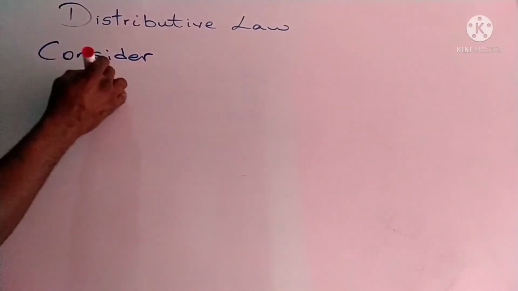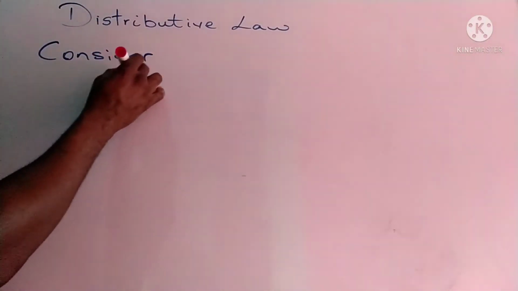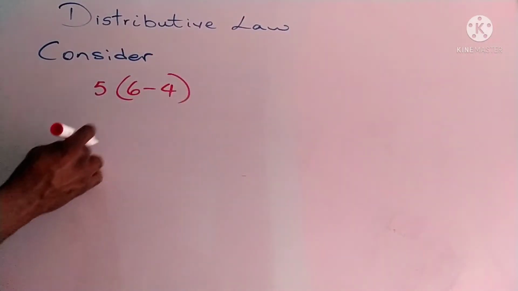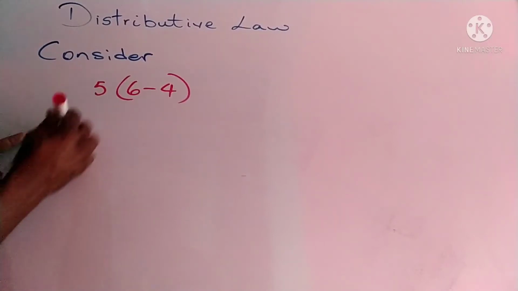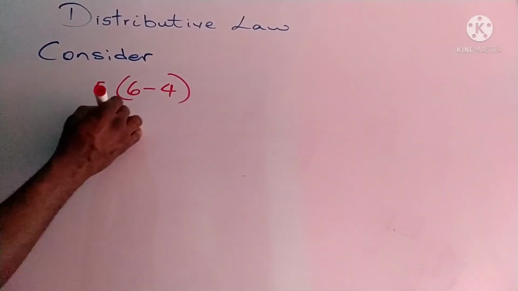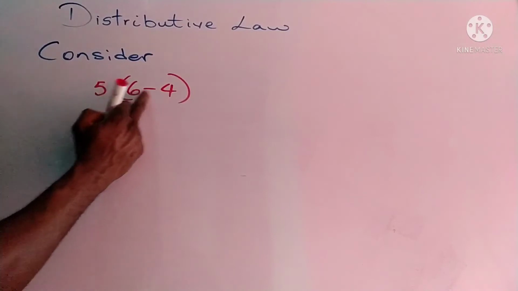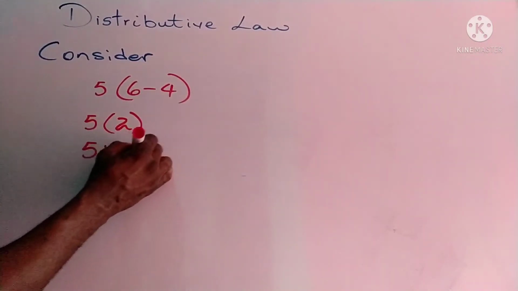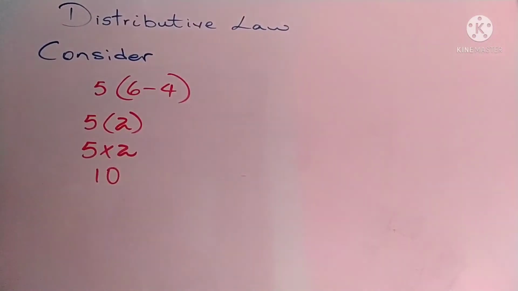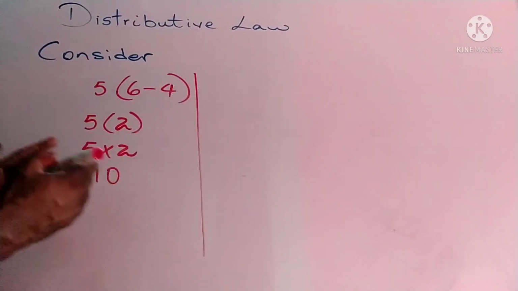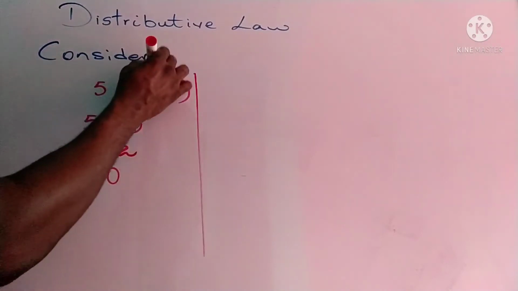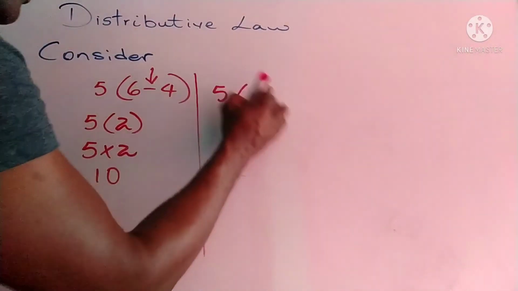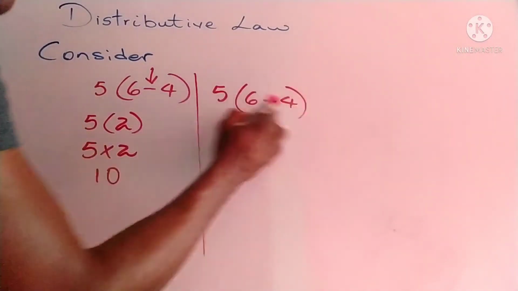So let's say we're looking at 5 open bracket, say we have 6 minus 4. So we're going to do this normally without the distribution. In my bracket, I will have 6 minus 4, which is 2, which really means 5 times 2, which is 10. Now, let's apply the distribution over the subtraction and see. We're talking about 5, open bracket, 6 minus 4.